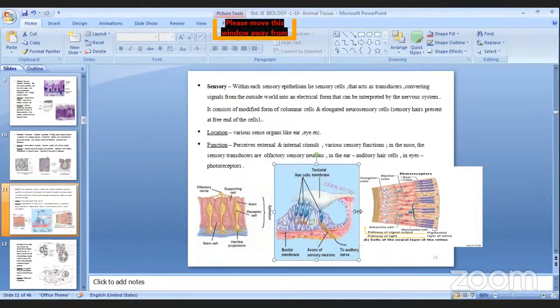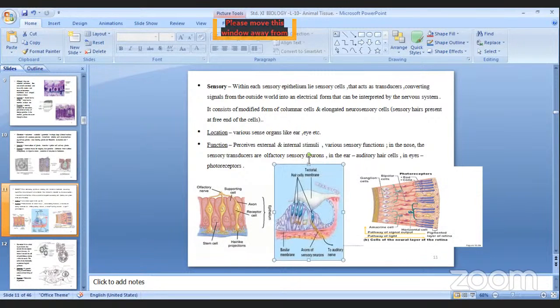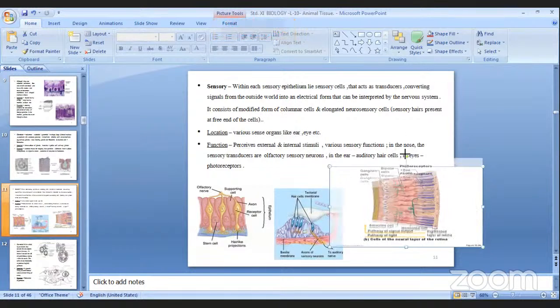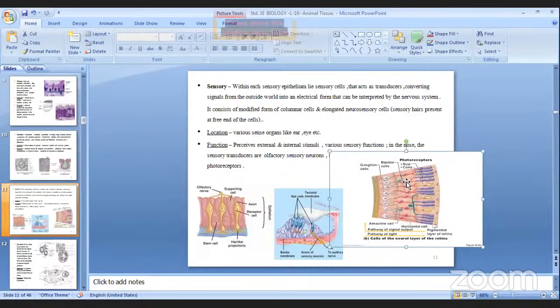And this is with regards to the eye. You can see the photoreceptors are there here, in which the rods and cones come. You can see this off-white color here, you can see cones there, and these blue ones are the rods.